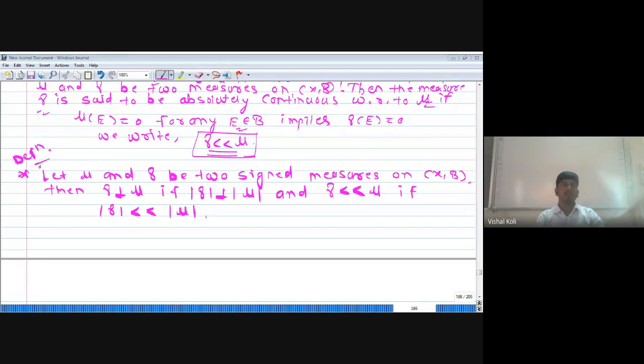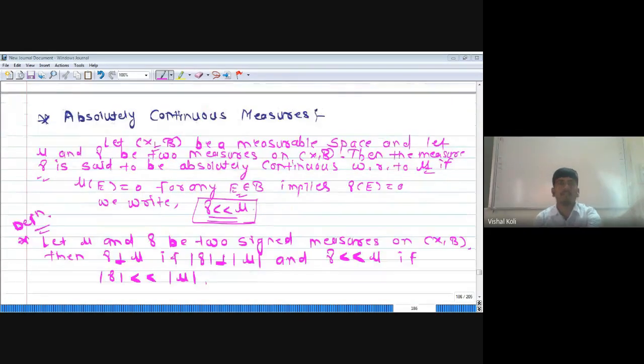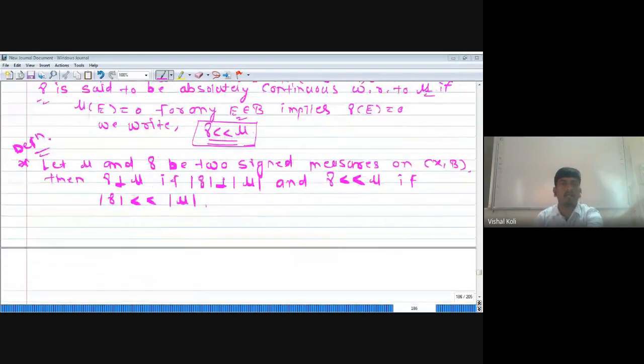So this will be a definition. Since earlier we took mu and gamma as measures, but here we have taken them as signed measures, then only do we say that the signed measure gamma is absolutely continuous with respect to mu, and similarly mutually singular with respect to mu.